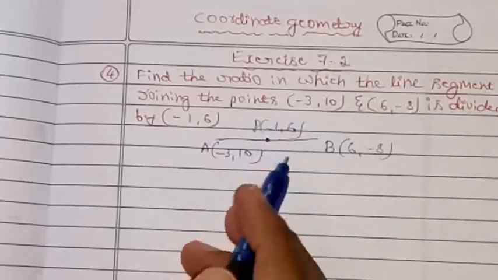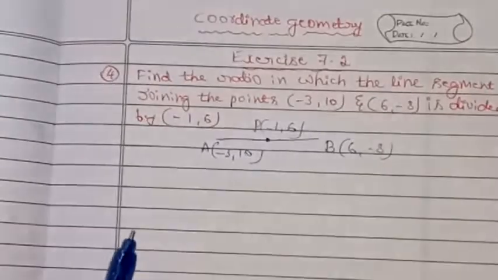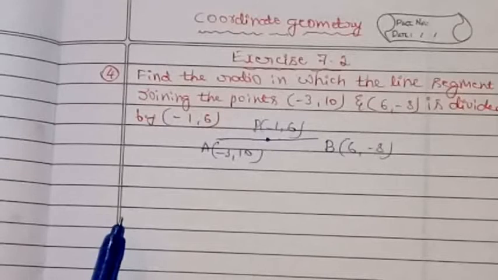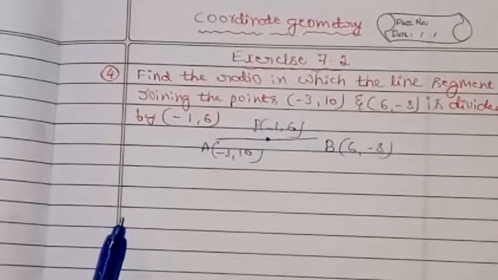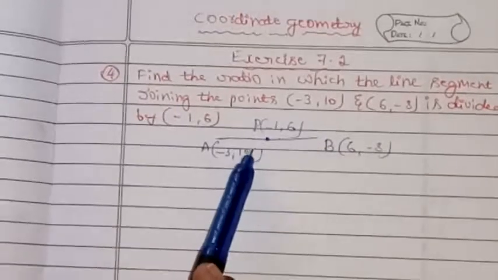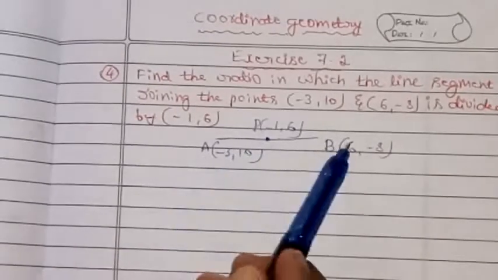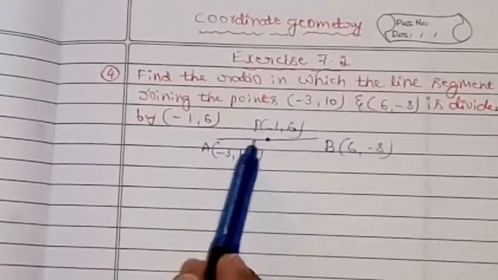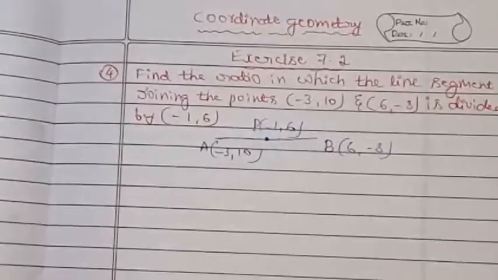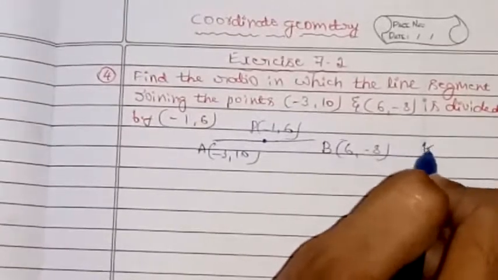Children, I think you know the formula to find the coordinates of the point P which divides the line segment joining the points A and B in a ratio. Now here you need to find the ratio, so you don't know the ratio. Let me say the ratio will be k:1.